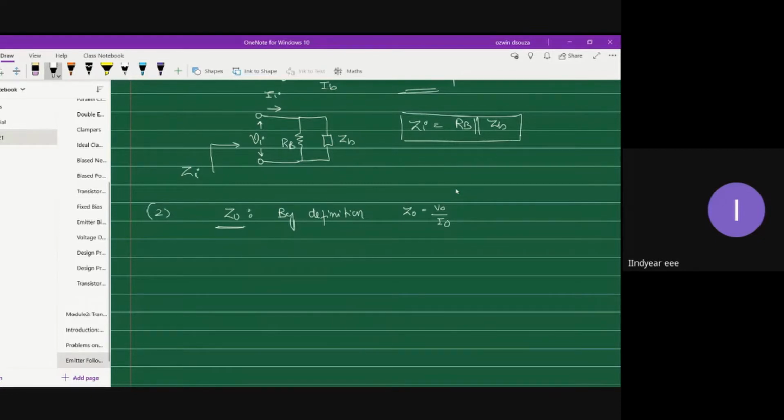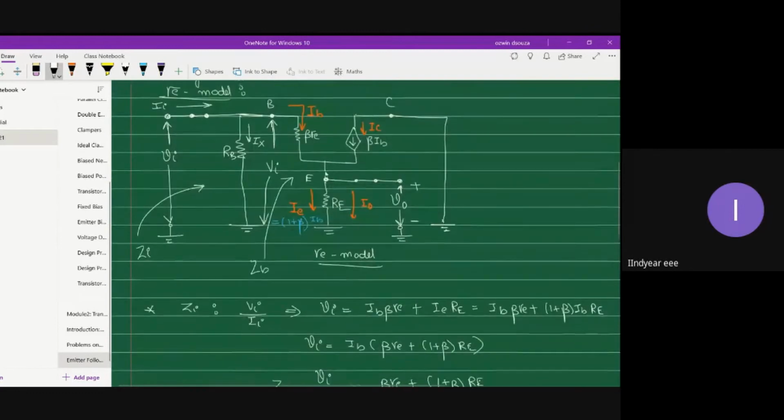Whenever there is complexity, the way to come out of it is the application of a network theorem. So let us apply Thevenin's theorem to find out Z0, because the circuit has more than one source.